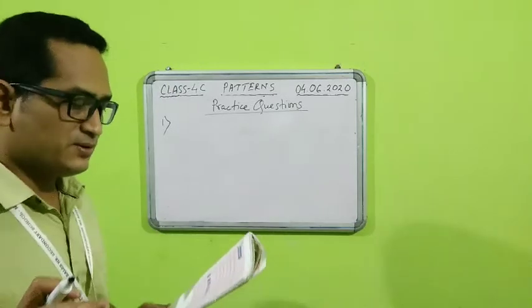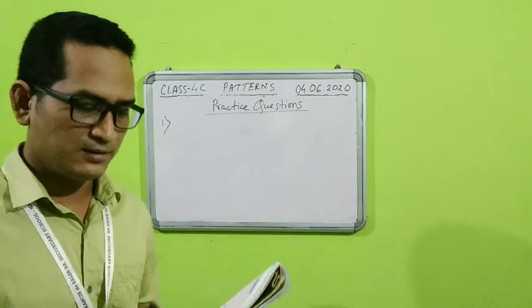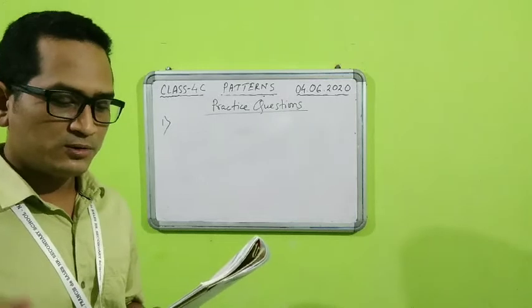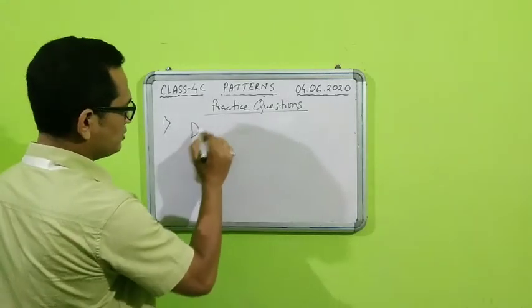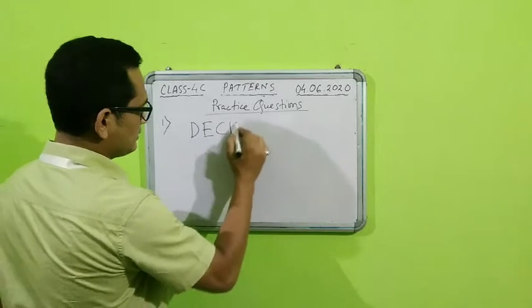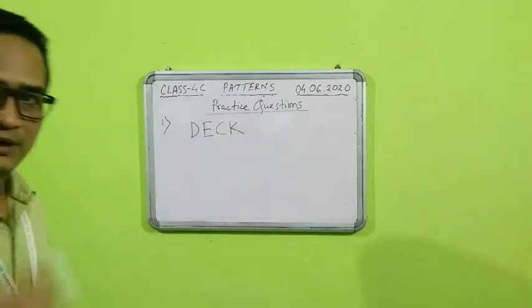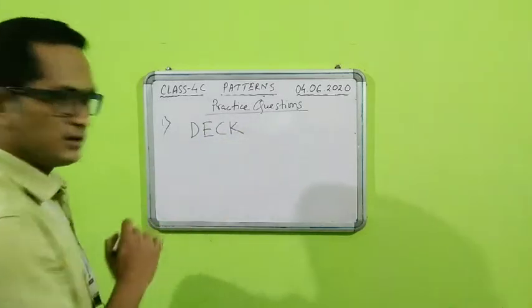Which line of symmetry, horizontal or vertical, will you draw through the word deck? So if you see the word deck, students, what do you think? What line of symmetry do I have to draw, horizontal or vertical?